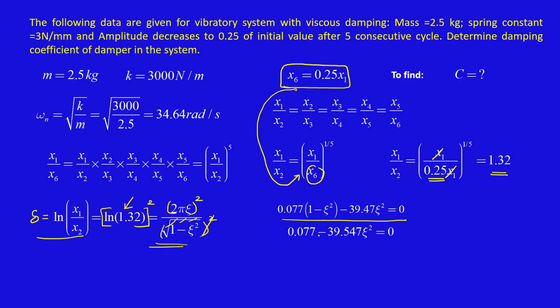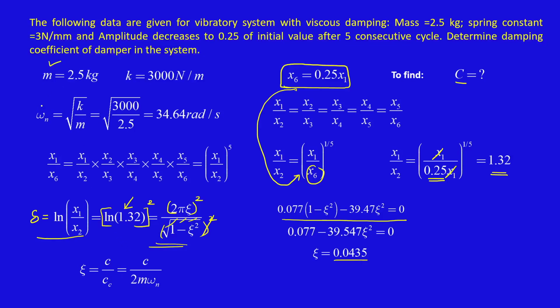When you reduce this equation, you will get this form: 0.077 minus 39.547 eta squared equal to 0. From that, eta equals 0.0435. So now we have the eta value. From eta, I can find the C value because eta equals C by Cc, damping coefficient divided by critical damping, so C divided by 2 m omega n.